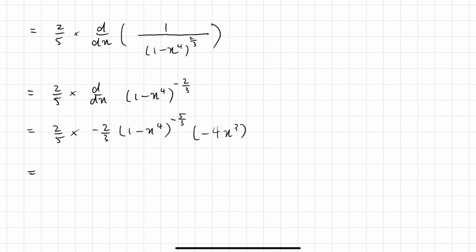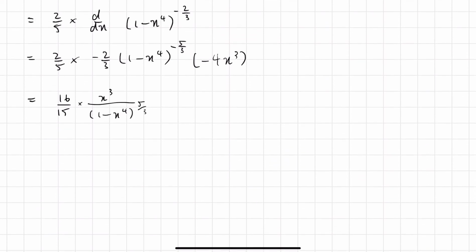We have a negative and then a negative there, so that will just become positive. And then we have 16 over 15, and x to the power of 3 on top, and 5 on 3 on the bottom, like that.